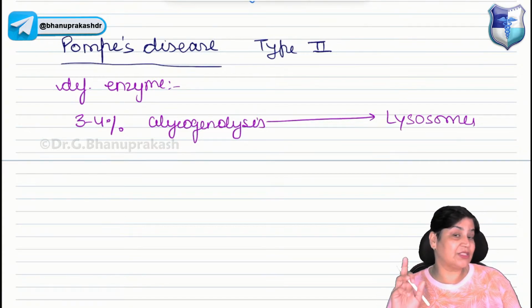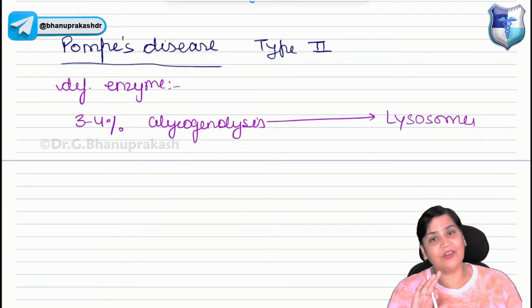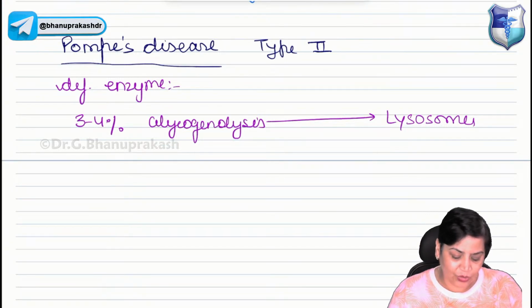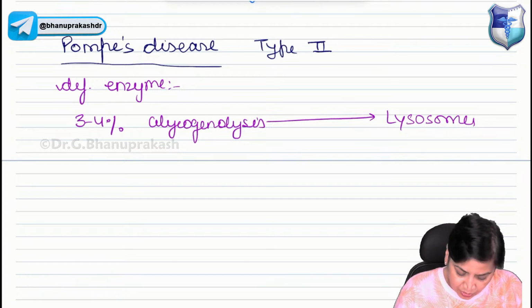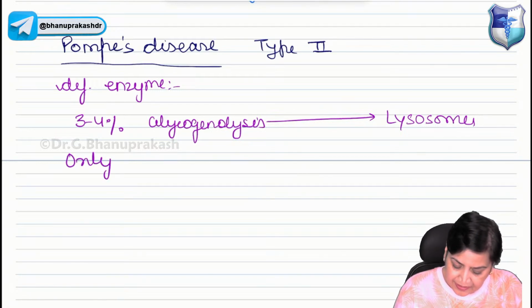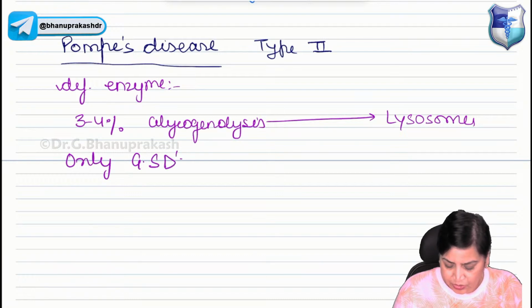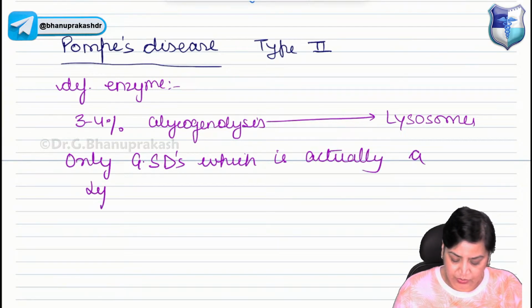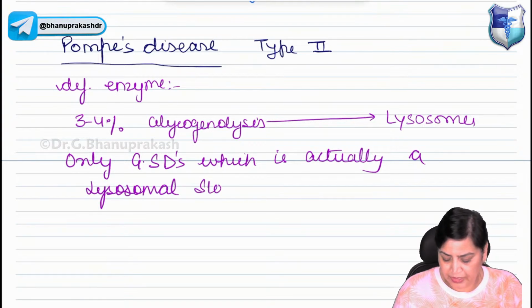Like when we discussed mucopolysaccharidosis, they were all lysosomal storage disorders, right? Here, only Pompe's disease is the glycogen storage disorder which is a lysosomal storage disorder.